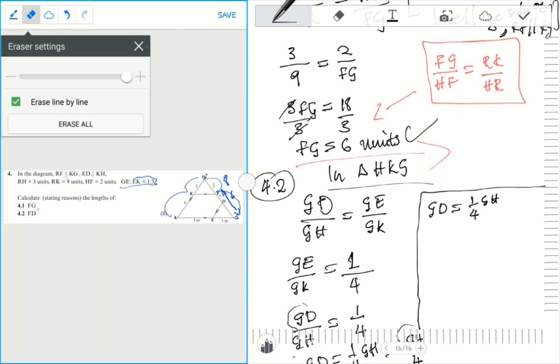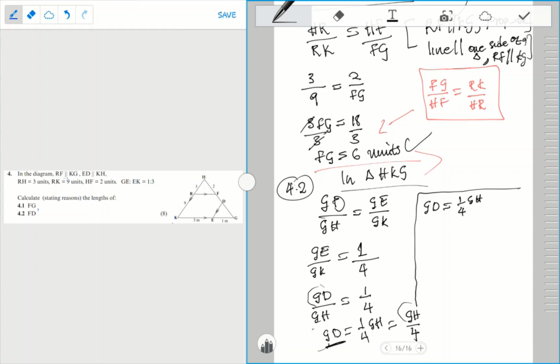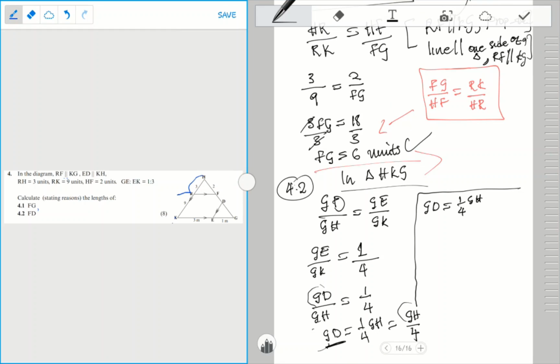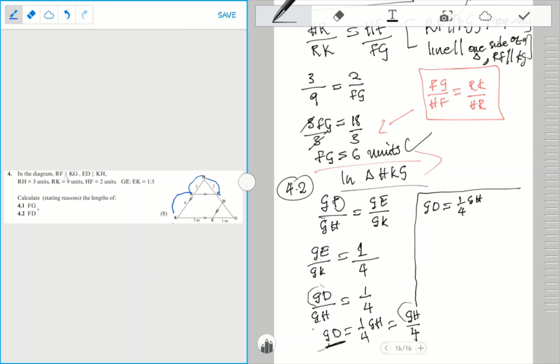Let me just erase this. Okay. Using from the first step we did, we used theorem number 1, the proportional theorem, because this one is parallel to this one. We used it to get the distance of FG. FG is 6, isn't it? And then we have plus 2, because we are needing the distance of HG, not FG.